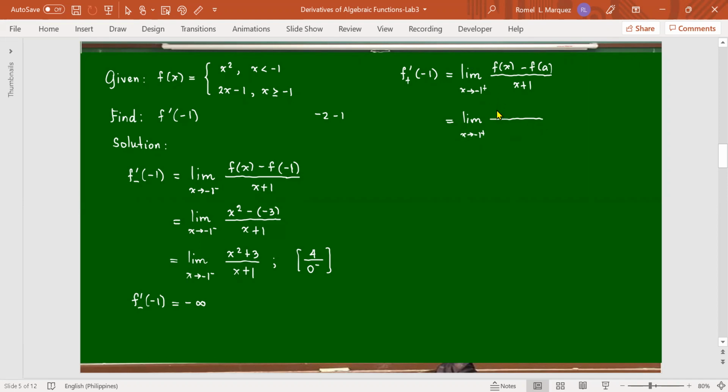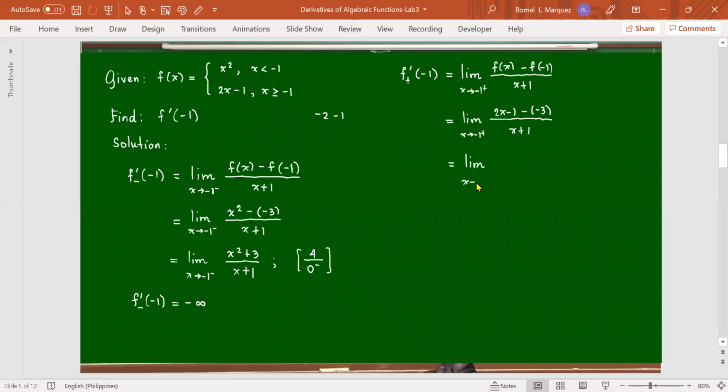This time from the right, it is 2x minus 1. Then what is my f of a? My a is negative 1, so f of negative 1 is still negative 3, all over x plus 1. That is x minus negative 1.